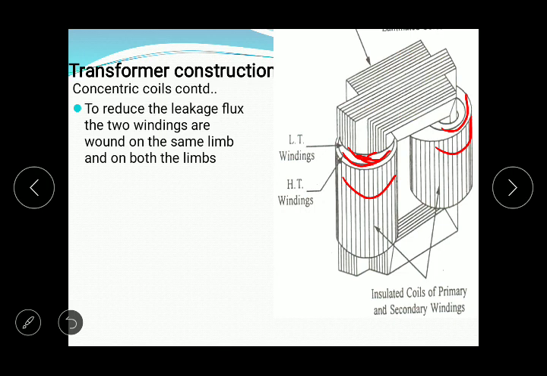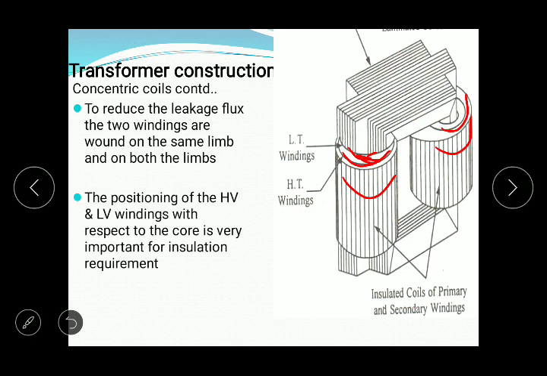The position of the HV and LV windings with respect to the core is very important for insulation requirement.